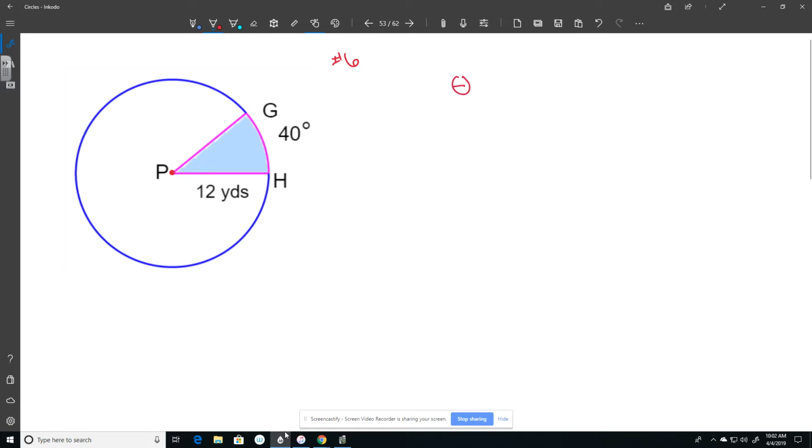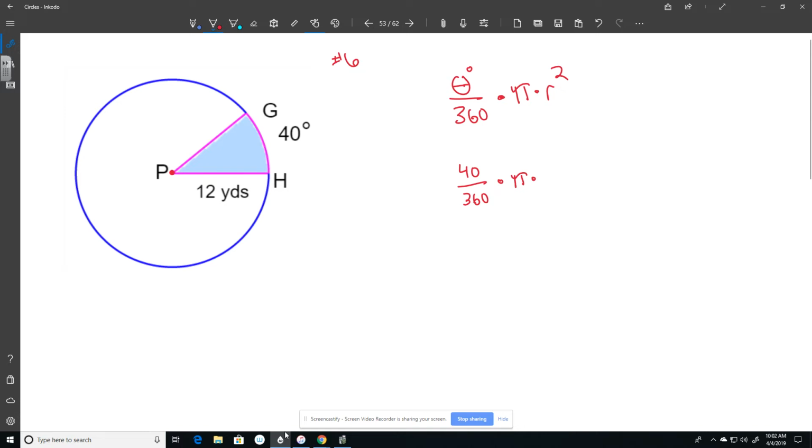So we're going to take the angle of the part that we're using, divide it by 360, and then we have to times that. So this is the part of the circle. We have to times that by the entire circle, the area of the entire circle, which is pi times r squared. So let's plug in our numbers. My angle is 40 over 360 times pi times radius squared.